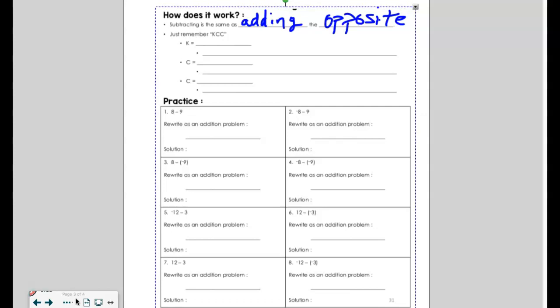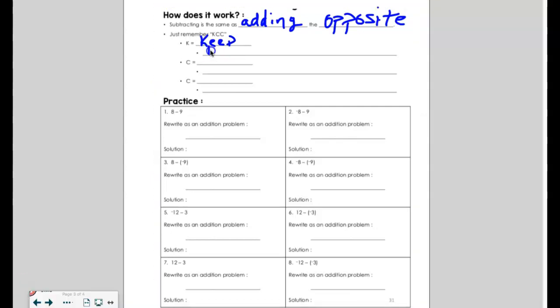So just to remember, KCC. Keep: you keep the first number the same. The first C stands for change: you change the subtraction sign to addition.